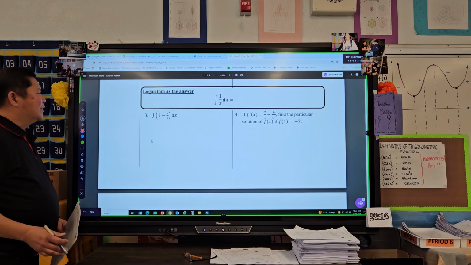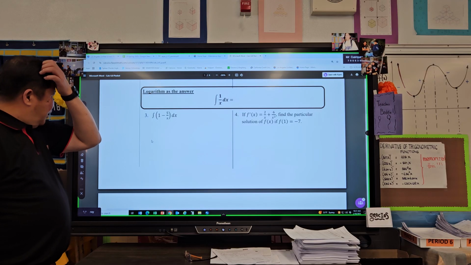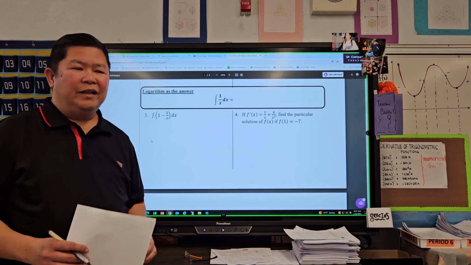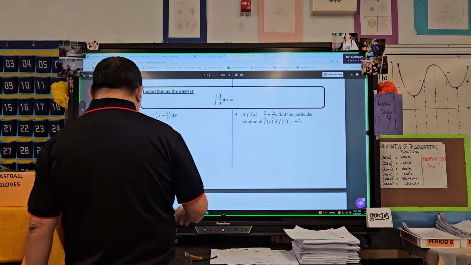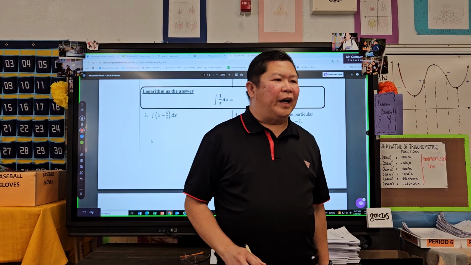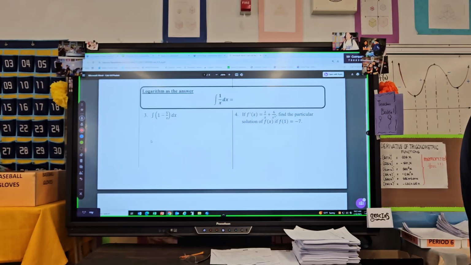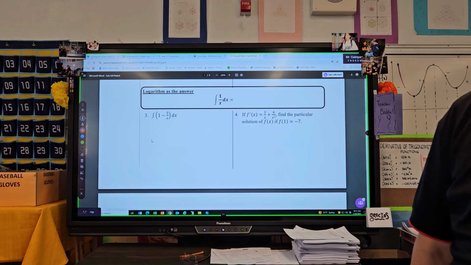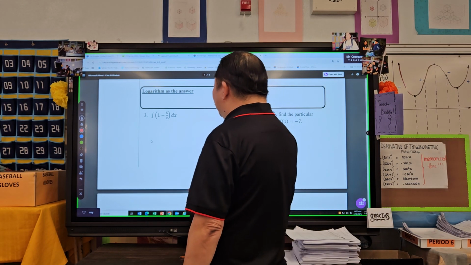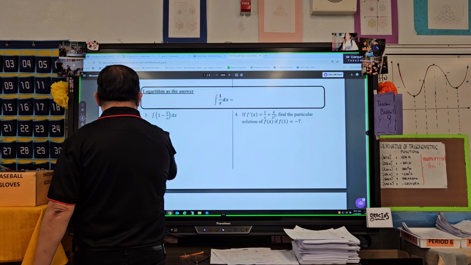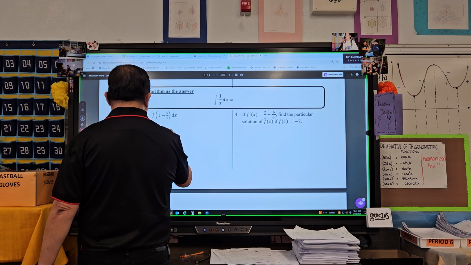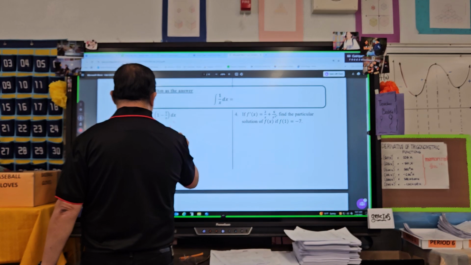Thank you, Mr. Roy. So we have the integral of 1 minus 5 over x dx. Can we rewrite 5 over x into 5 times 1 over x? Because we all know that 1 over x is natural logarithm, right? So we can rewrite it as the integral of 1 minus 5 times 1 over x dx.